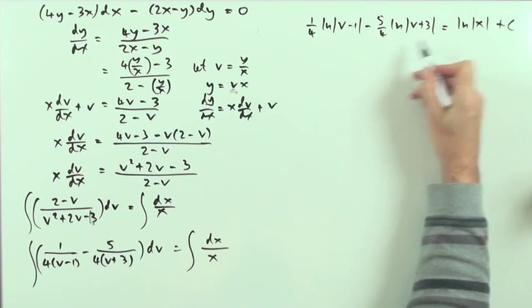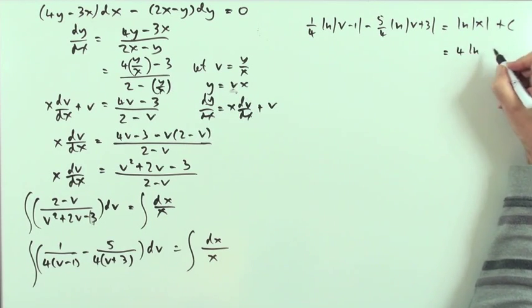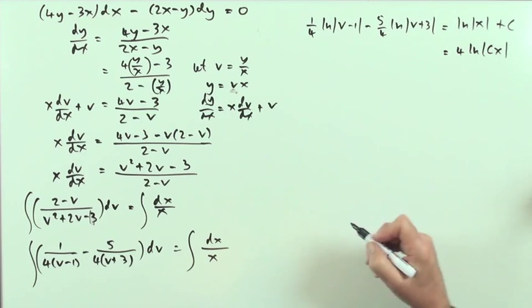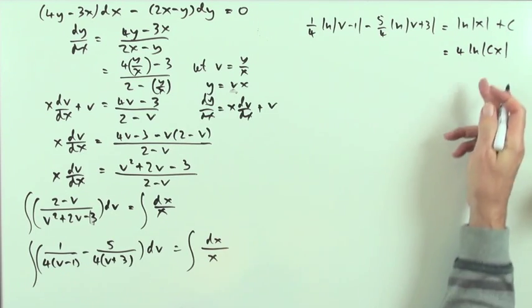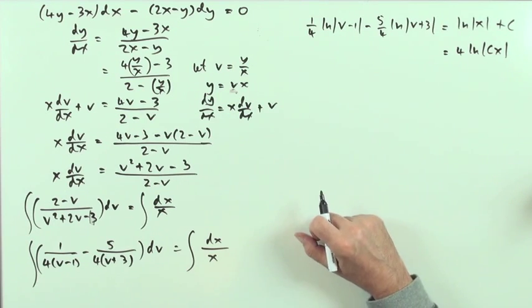Well, I could take the quarter out and put it over the other side, so it's going to be 4 times ln of, I'll just call that again c inside it. Well, c's not been evaluated yet, so I'll just still use the letter c to stand for this thing requiring working out.